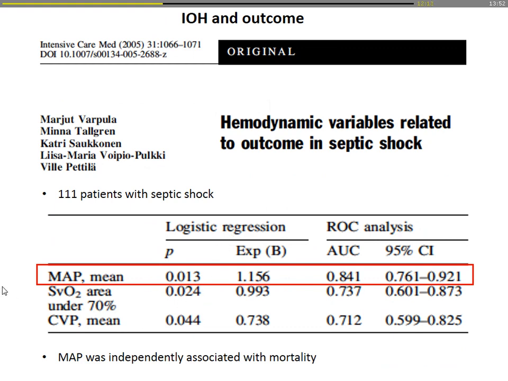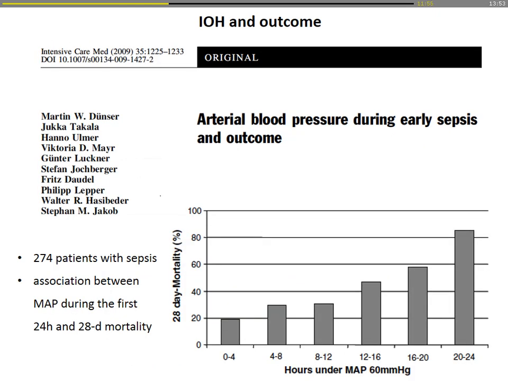Hypotension is quite common, and this is an association of mean arterial blood pressure and outcome in patients with septic shock. There was a quite impressive area under the curve showing that mean arterial pressure was independently associated with mortality also in intensive care patients, and the longer the patients spent under a mean arterial pressure of 60 in this study, the higher the mortality.